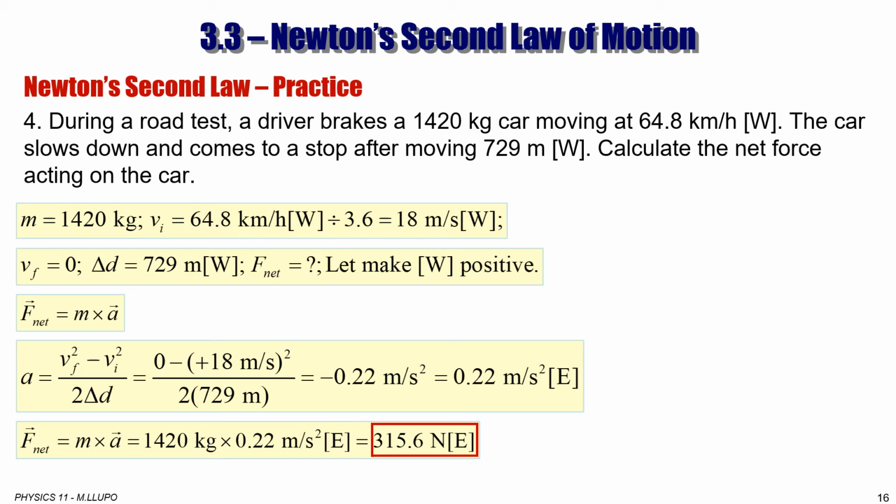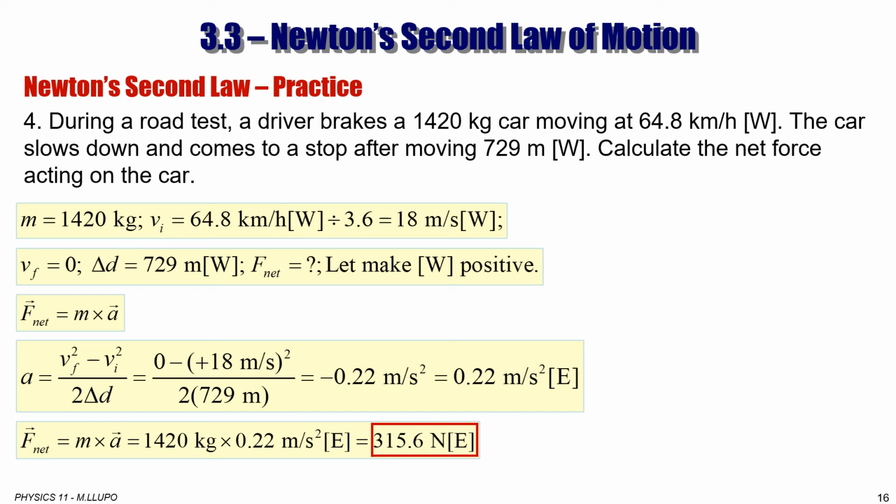So the force of friction has to be in the opposite direction, and acceleration has to be opposite to the previous direction of motion. The car is moving toward west, and the slowing-down acceleration is toward east.